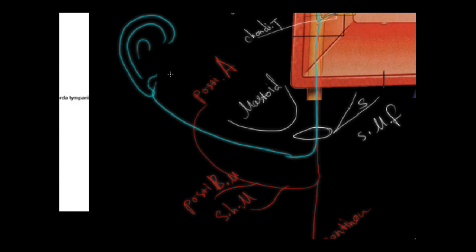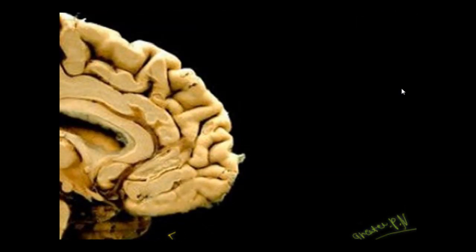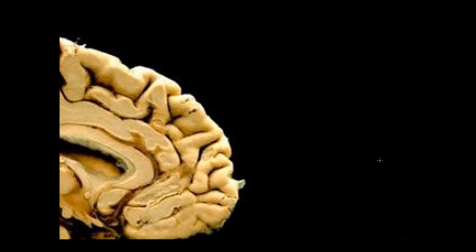Okay, external auditory meatus for pain, touch. Okay, pain, touch, and temperature. Okay, this is for the spinal trigeminal nucleus for the facial nerve. That's all about the facial nerve, and thank you for good listening.